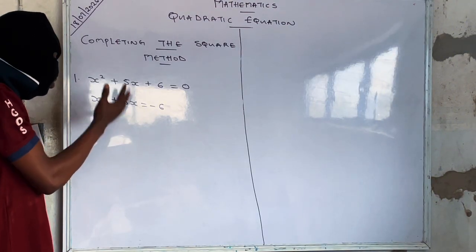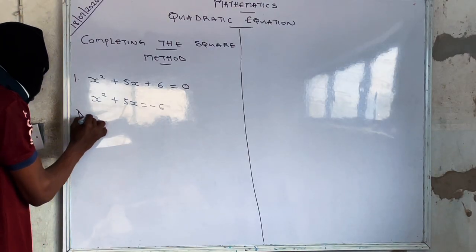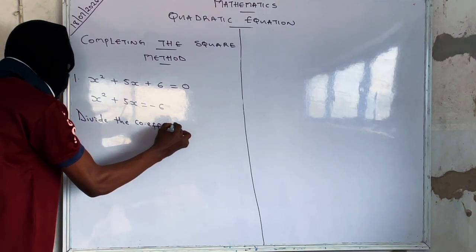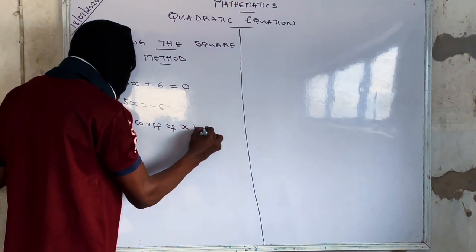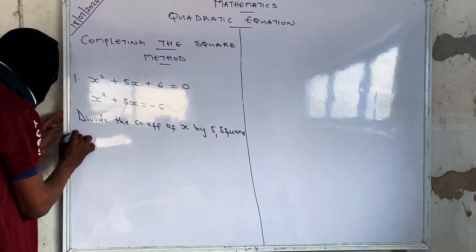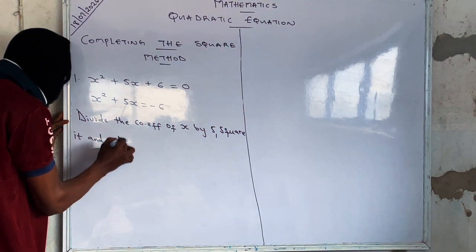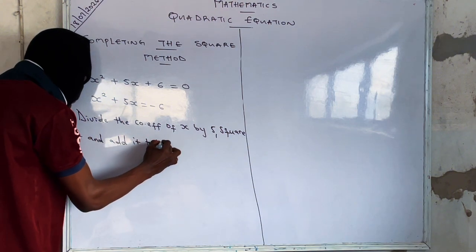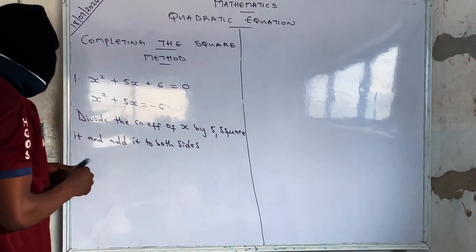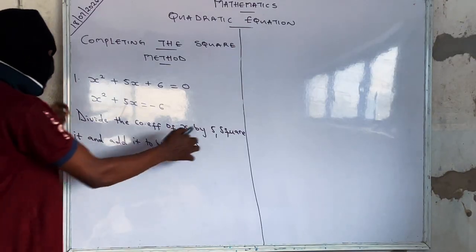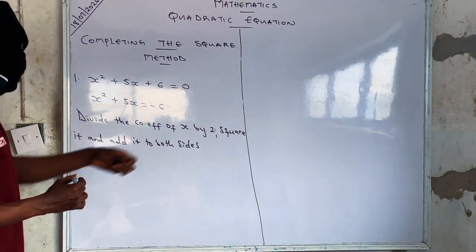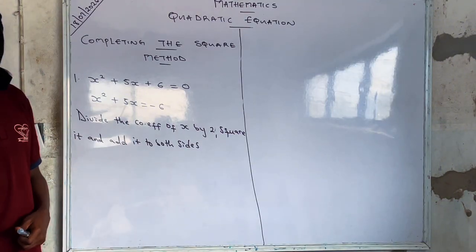Now, the next thing you are going to do is divide the coefficient of x by 2, square it and add it to both sides.